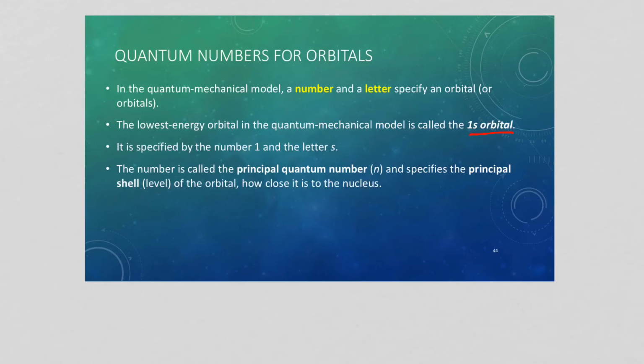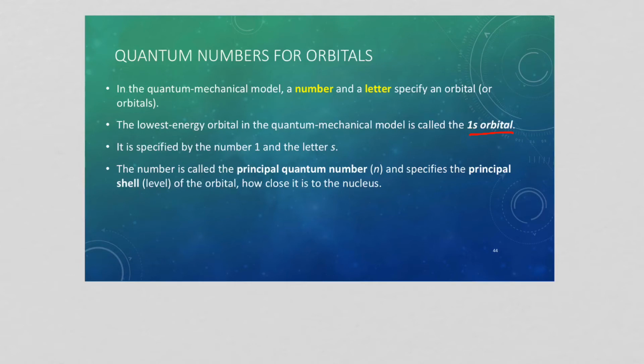So we might think of this as sort of in line with Bohr's levels, right? He had level 1 close to the nucleus, level 2, 3, 4, and as the number gets bigger, we get further away from the nucleus. So we can see a 1 is going to represent an area that's close to the nucleus.